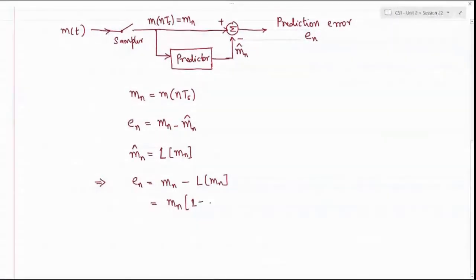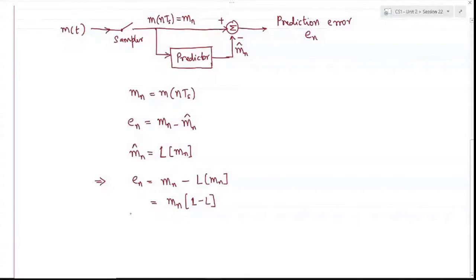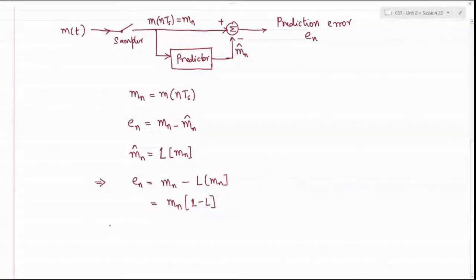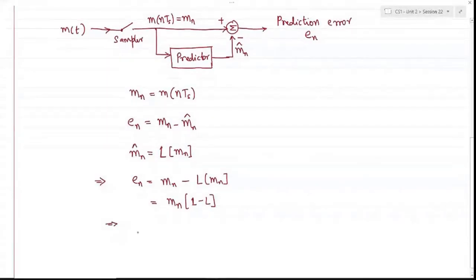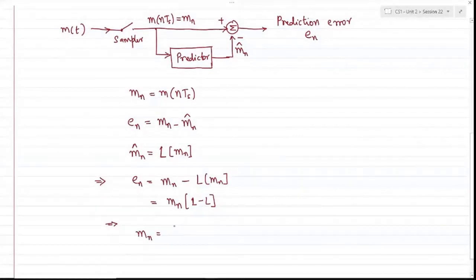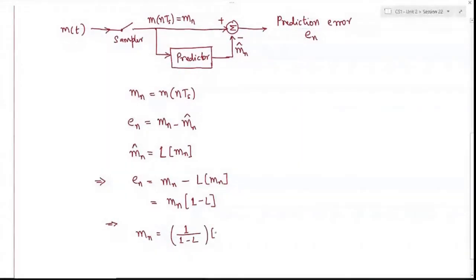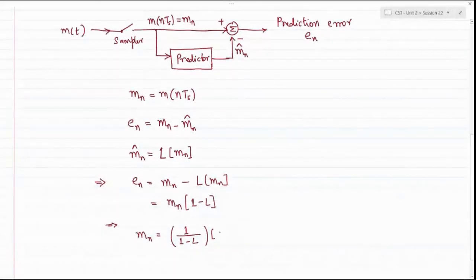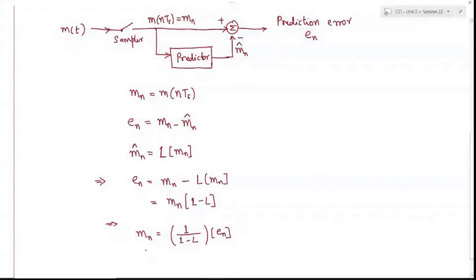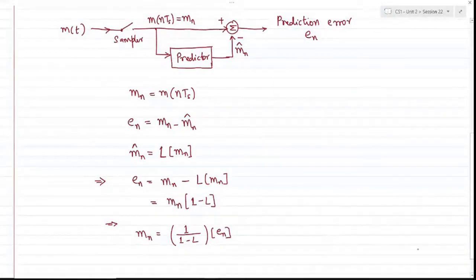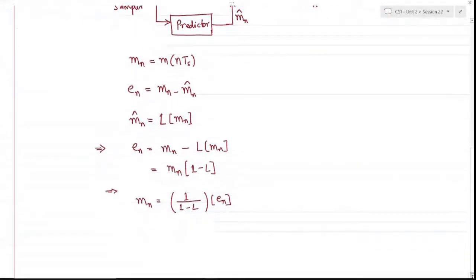This is simply 1 minus L. Or I can write mn in other words as simply 1 over 1 minus L times En. Okay, so all the receiver has to do is to invert this operation.